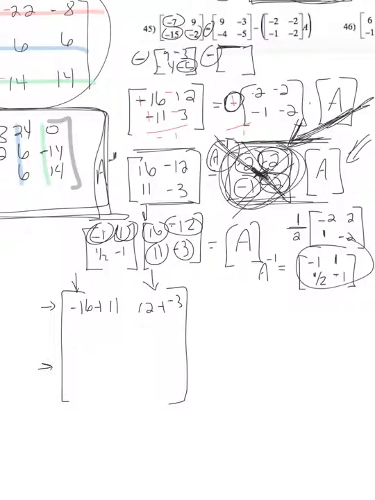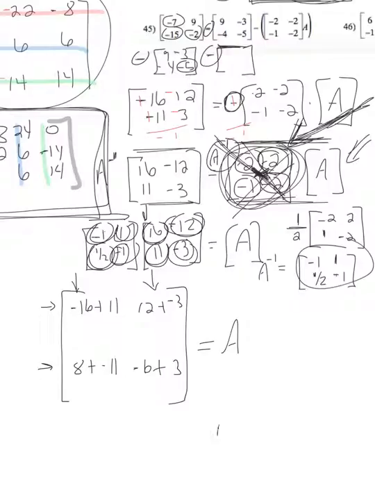Now come down here. 1/2 times 16 plus negative 1 times 11. And then the last one, 1/2 times negative 12 plus negative 1 times negative 3. That's equal to our big matrix we're looking for.